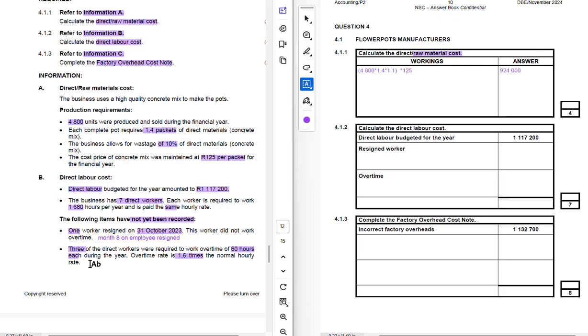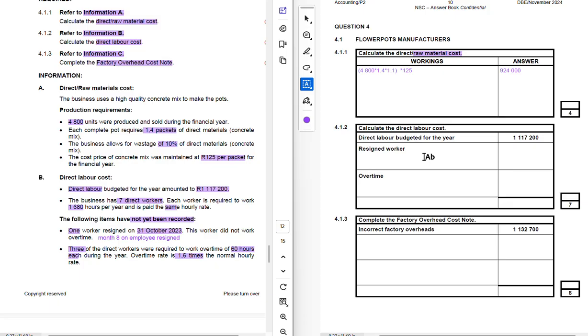What effect will this have on our workings? The resignation is going to reduce our direct labor budgeted for the year. But the overtime is going to increase the direct labor budgeted for the year. Now we know the signs, how they're going to look. Now we need to work on the actual working.